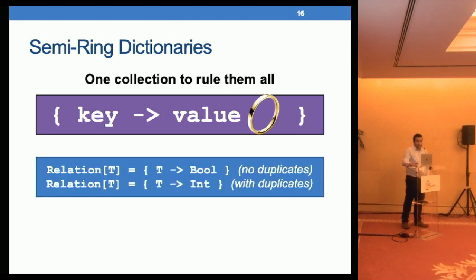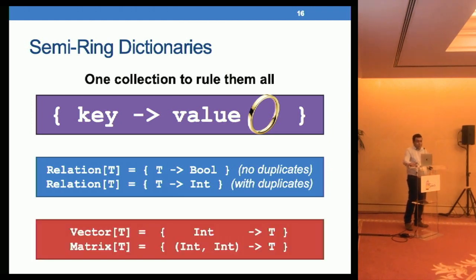So for example, in the database world, there are two different semantics for relations. One is the set semantic, and one is the bag semantic. And both of them can be represented as a dictionary. The set semantic is a dictionary to Booleans, and the bag semantic is a dictionary to an integer.